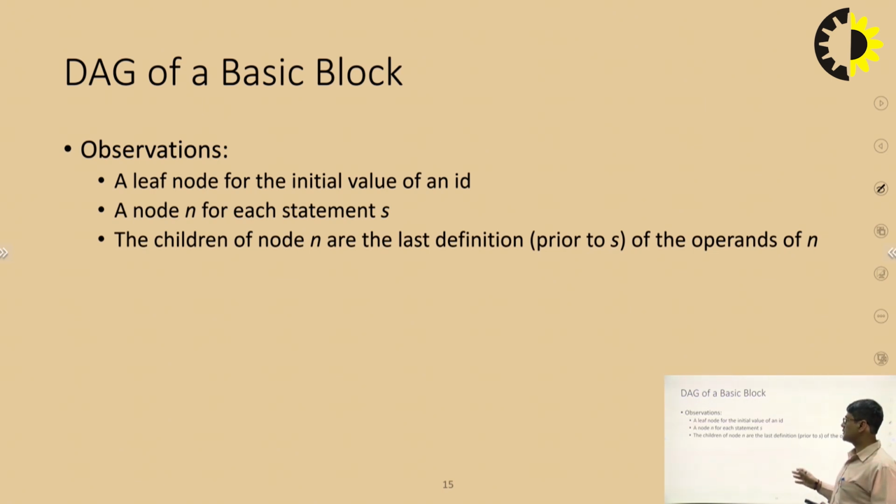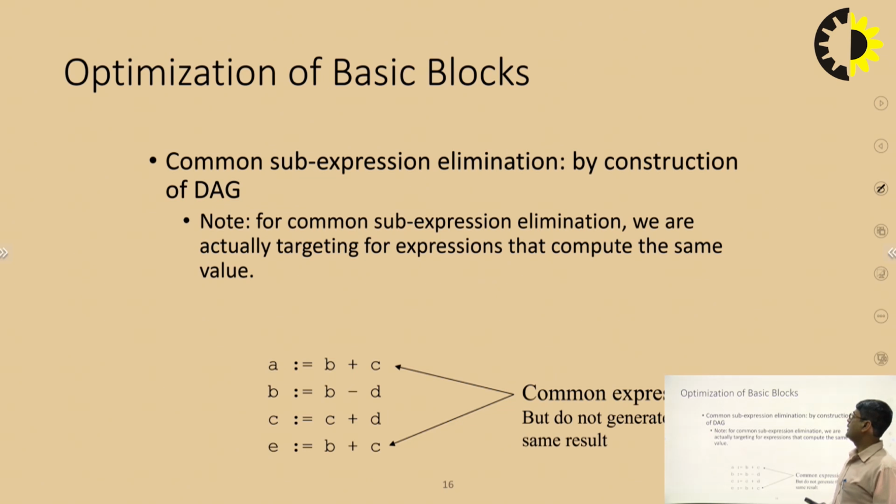So these are the observations: whatever leaf node has been defined, whatever particular statement is defined with different values, and whatever children are defined with the particular variable.